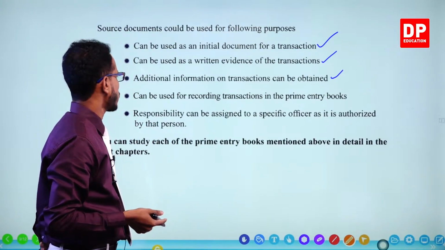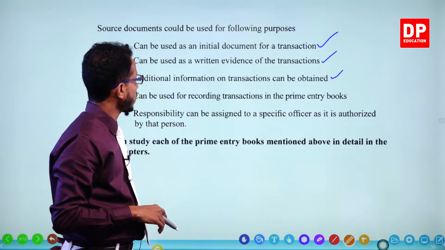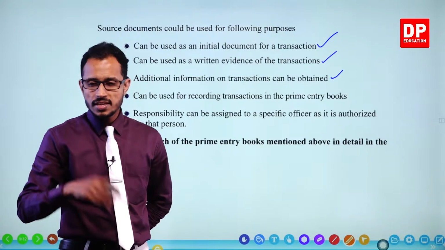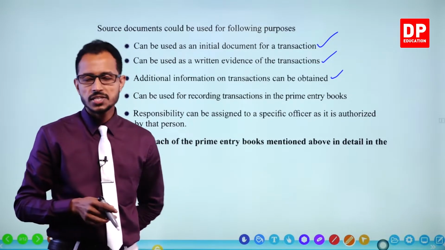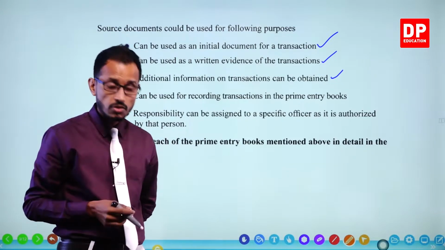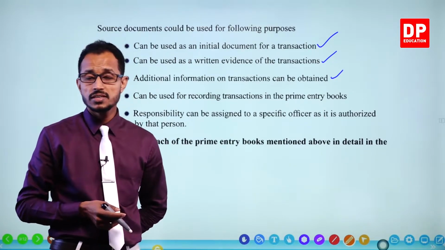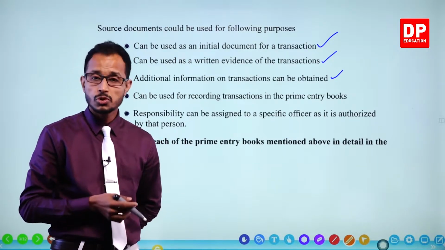Additional information on transactions can be obtained. What additional information? The name of the customer, the date of the transaction, the quantity of the goods purchased. All the information is recorded in the bill, in the source document.